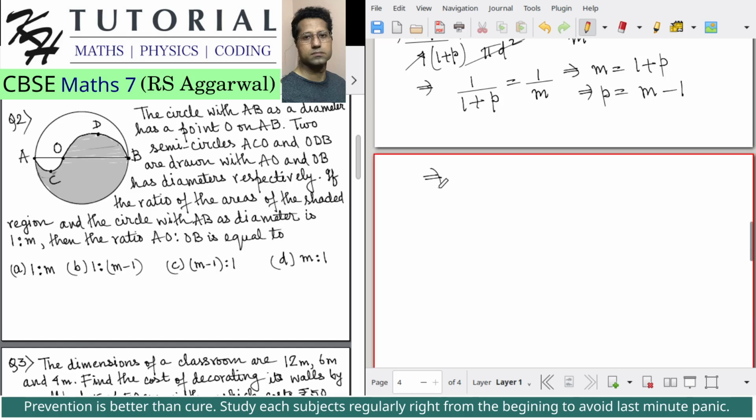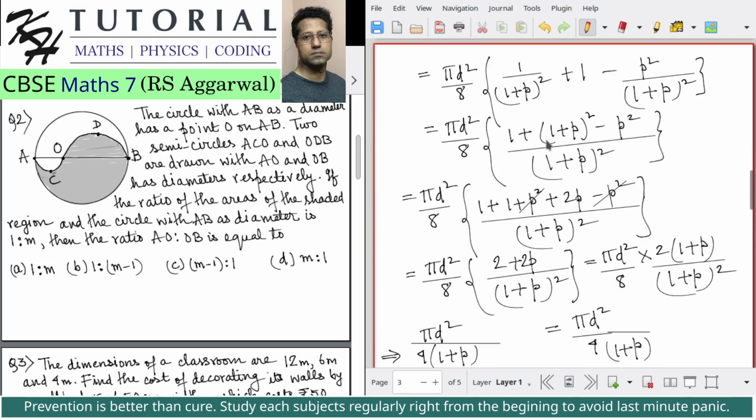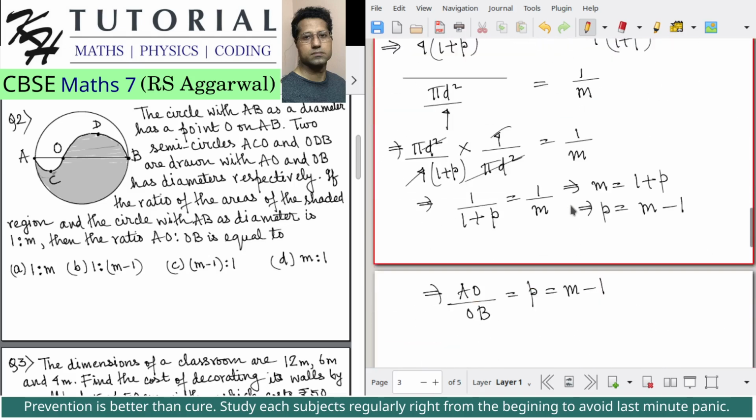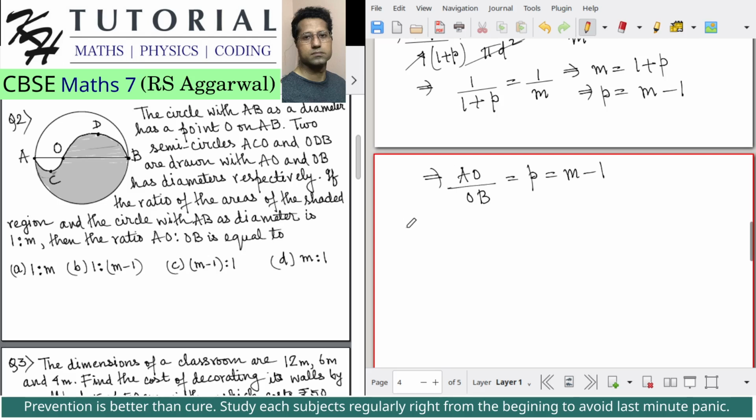So AO by OB is equal to p, which is m minus 1, since we have assumed in the beginning that AO by OB is equal to p. So this implies that AO is to OB is equal to m minus 1 is to 1. So the correct choice is C.